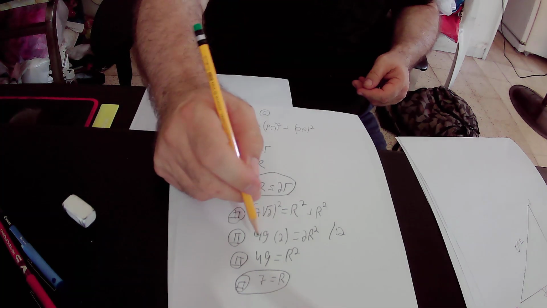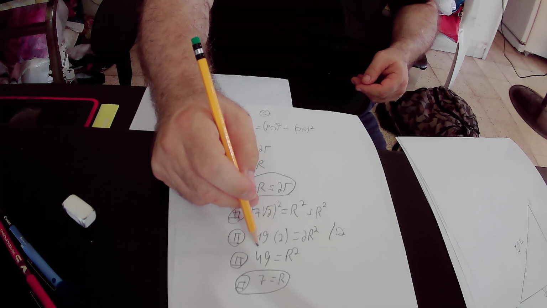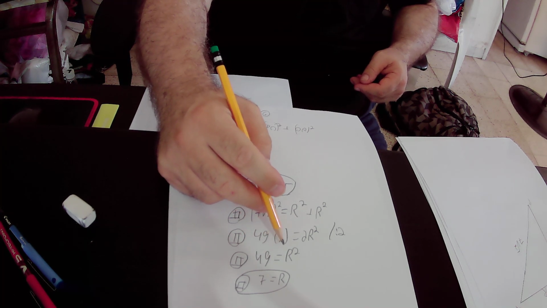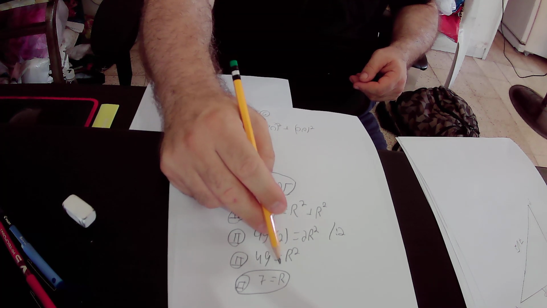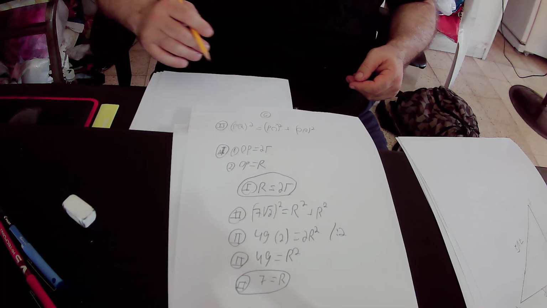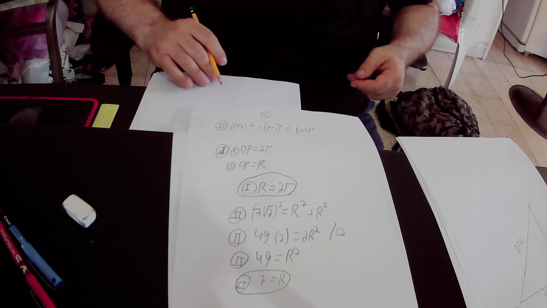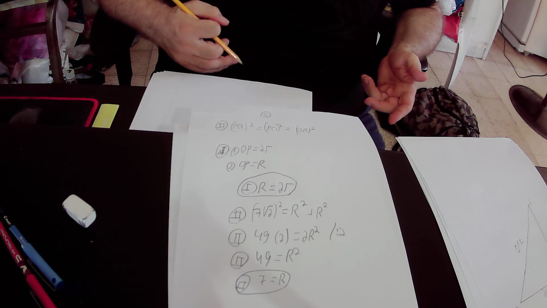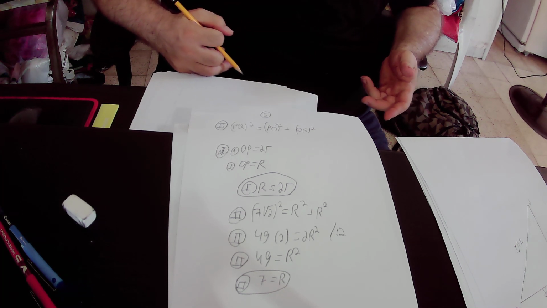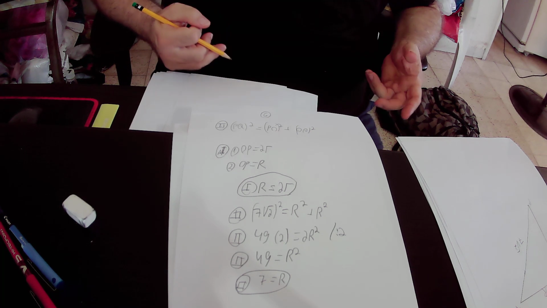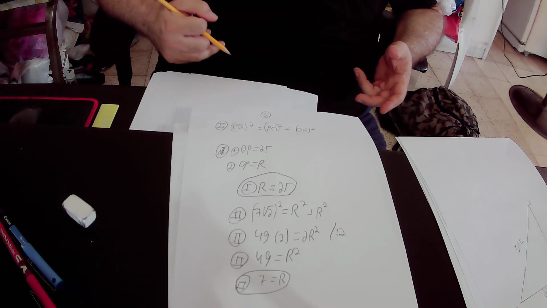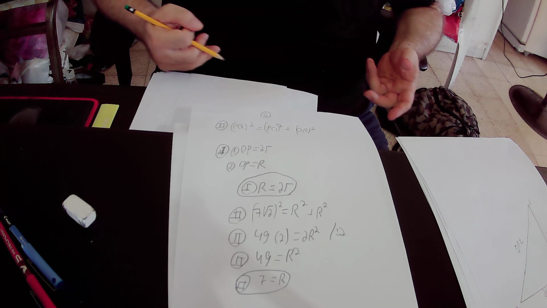So the root of 49 equals 7, and the root of R square equals R. Actually, the root of 49 also equals negative 7, but in our case it is impossible that the radius will be equal to a negative number.